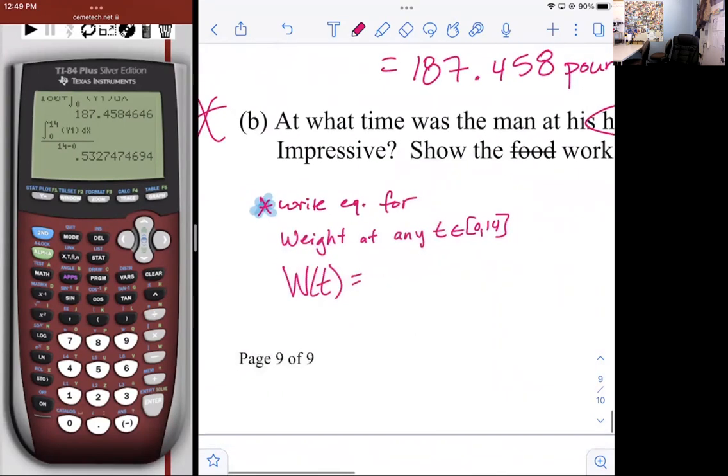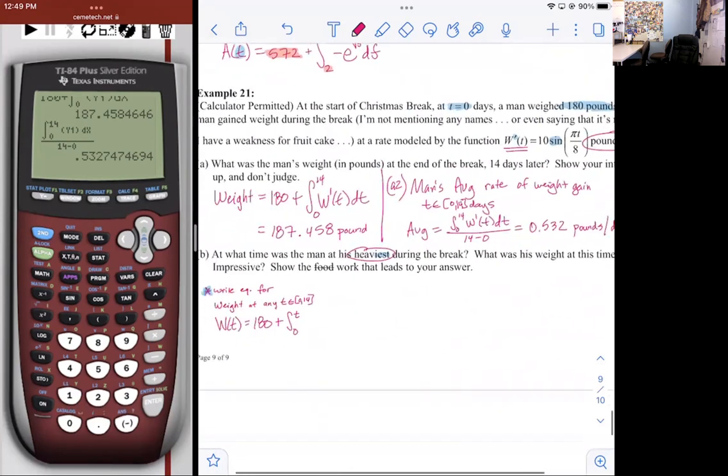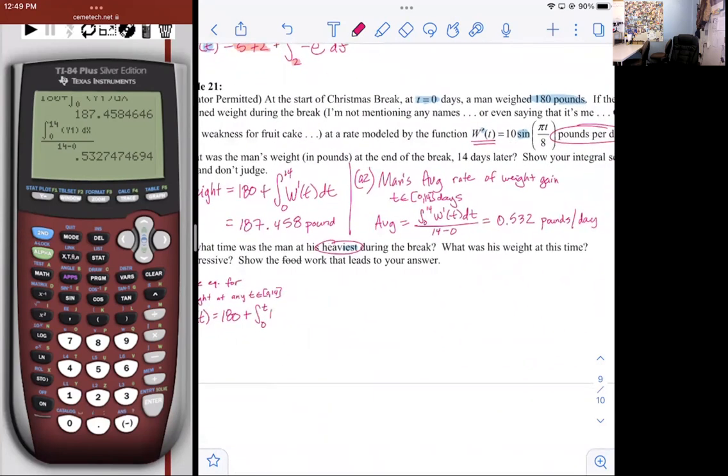It's going to be the starting weight, right? We're going to use what we did on part A up above as a template: 180 plus the integral from 0 to t, my bad, of W prime of t. I first have to type in the actual expression, which is 10 sine of pi t divided by 8, with respect to t, but I can't use t.